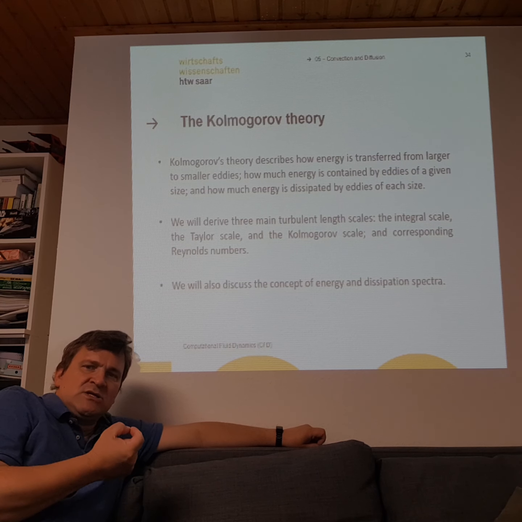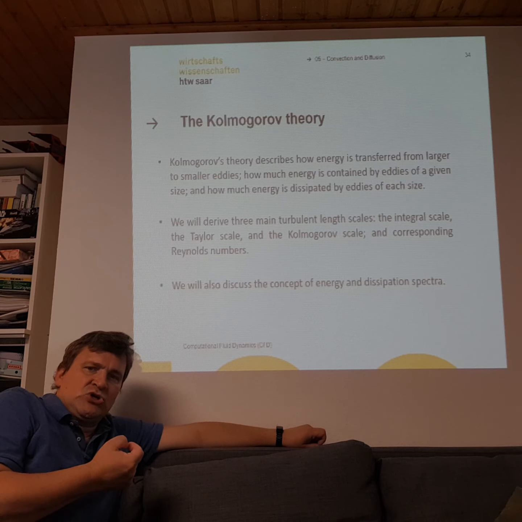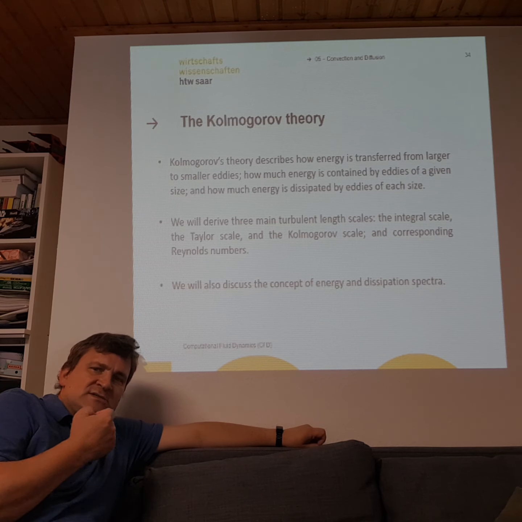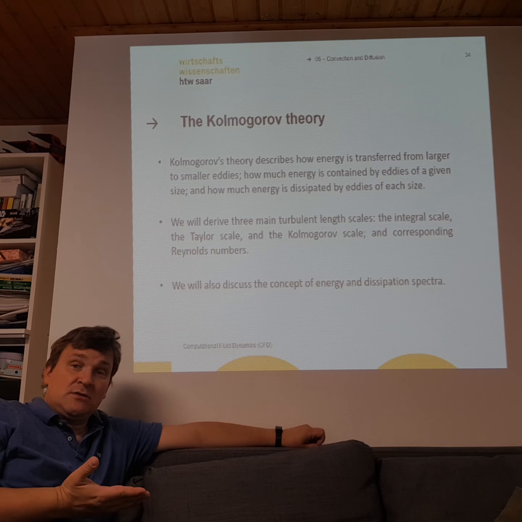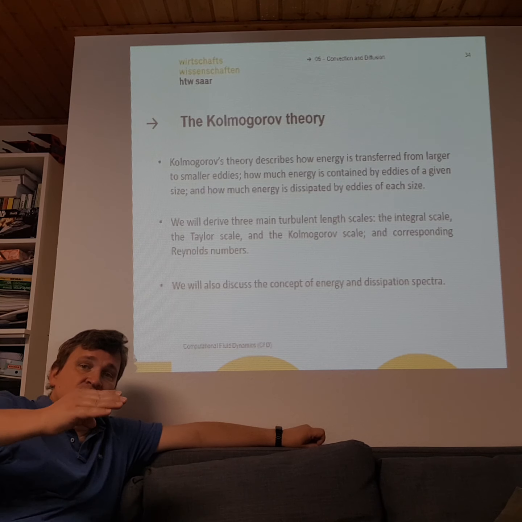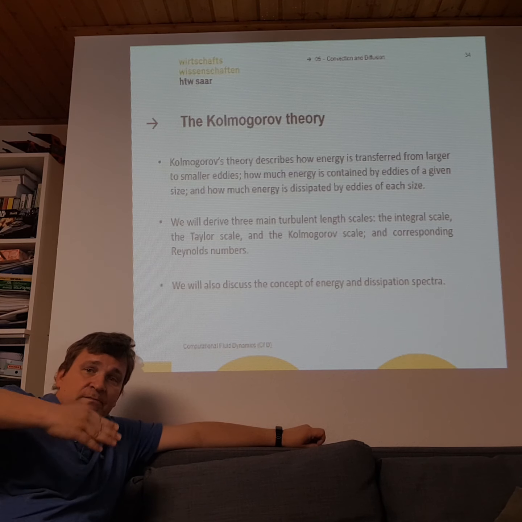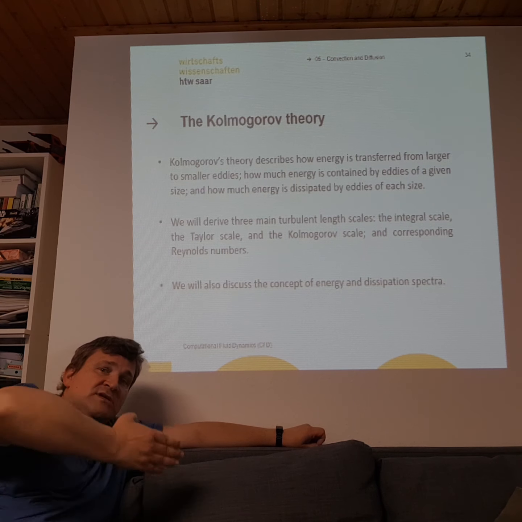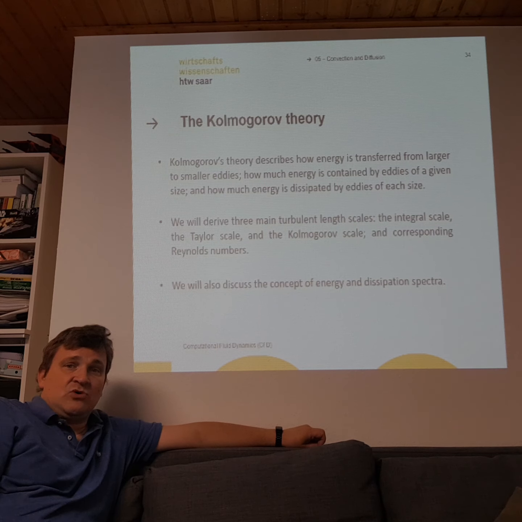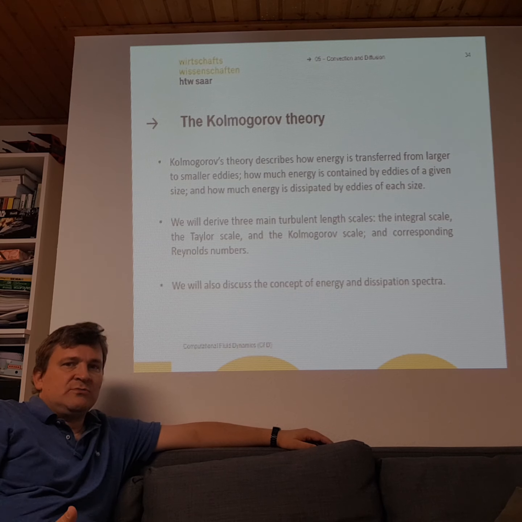And at some scale, the swirls are so small that the convective movement of the smallest swirl is smaller than your diffusive movement. And that's the so-called Kolmogorov scale, when the convective movement inside the small swirls gets smaller than the diffusive movement, and then they disappear.